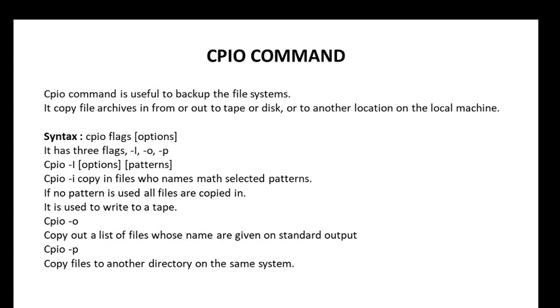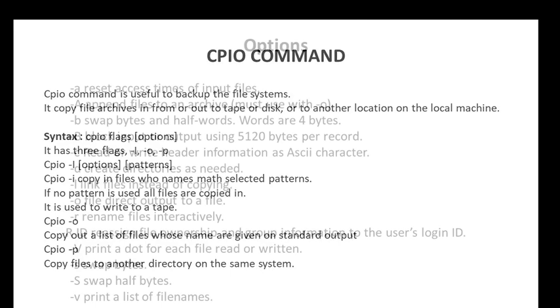The -o option is used to write to a tape. cpio -o copies out a list of files whose names are given on standard input. The cpio -p option copies files to another directory on the same system.